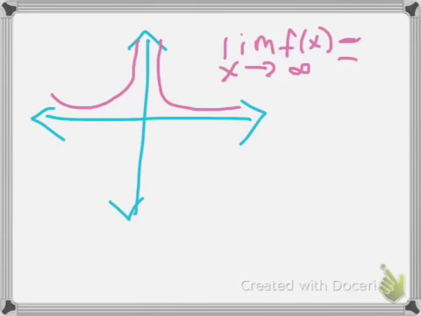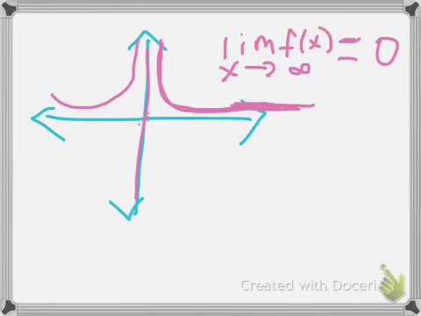Well, as x is approaching positive infinity, that's where positive infinity goes. What is y approaching? Well, y never gets past 0. Look at the y-axis. It never gets past 0, so your limit is 0.